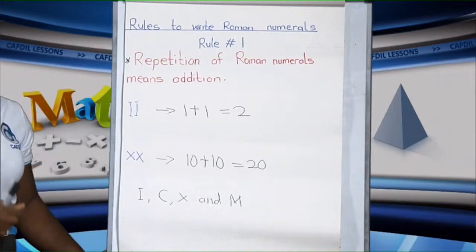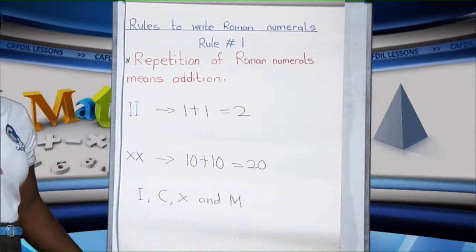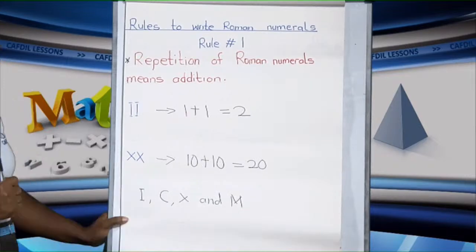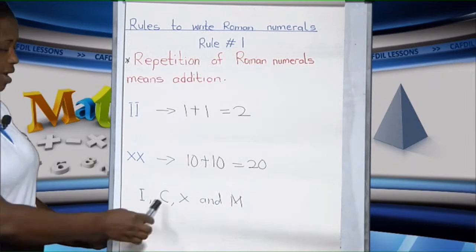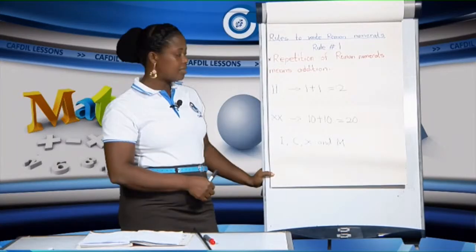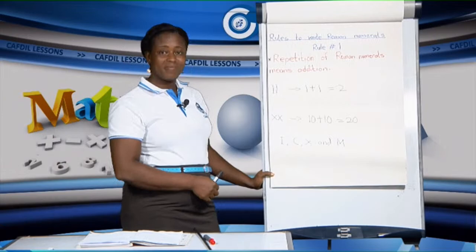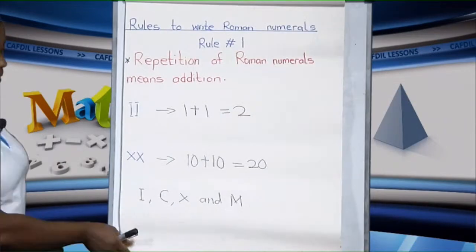To write 10, you know V to be 5, so it's going to be VV. No way, learners, you can't repeat V. And L and D, you can't repeat them. Very good.